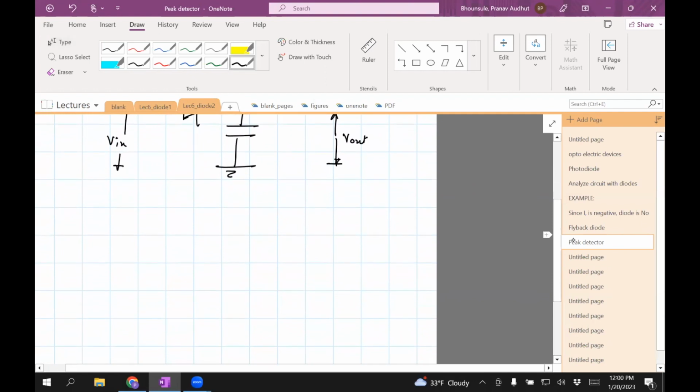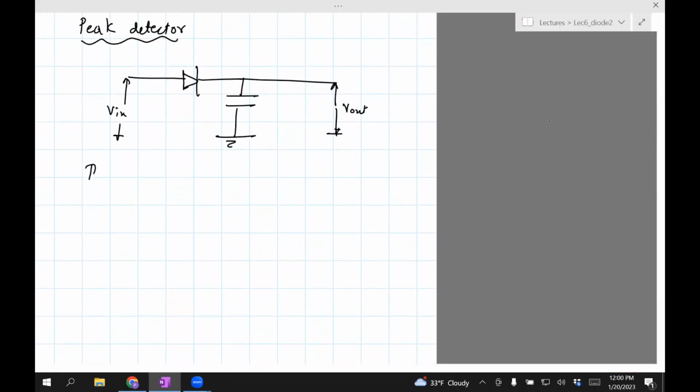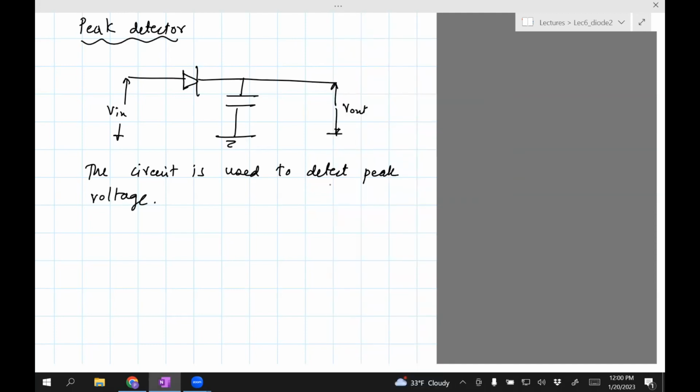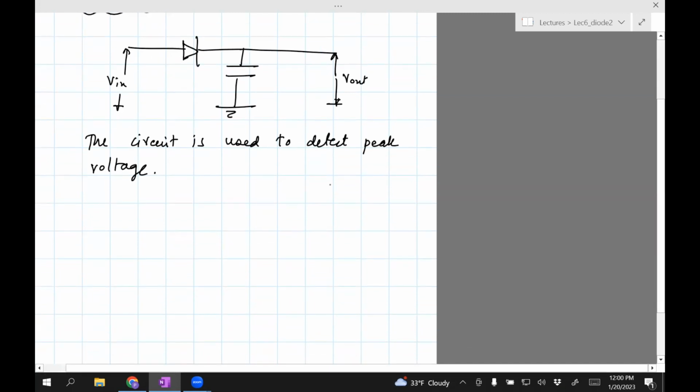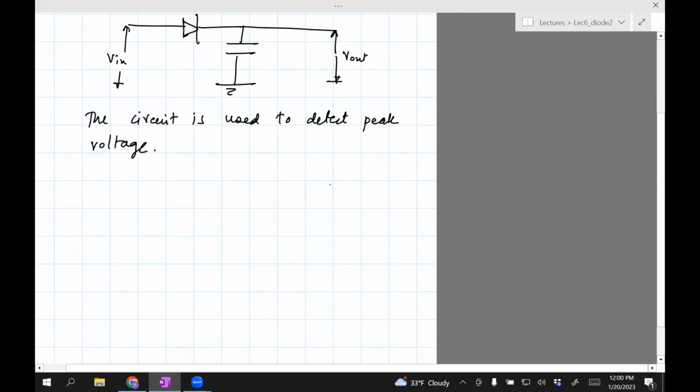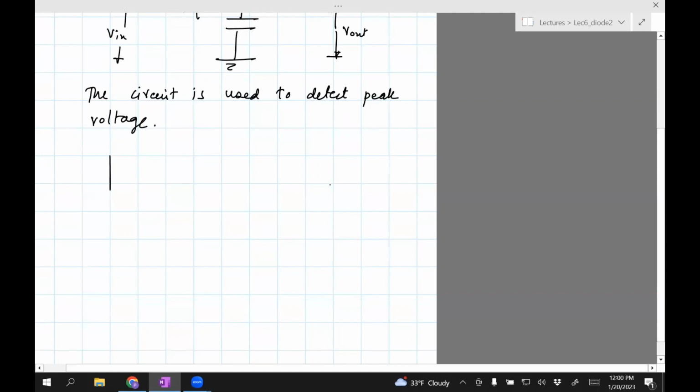The purpose of this circuit, like the name suggests, is to detect peak voltage. So what I would like you to do is analyze it, and let me give you an input voltage. Your goal is to compute what the output voltage is for that input voltage.